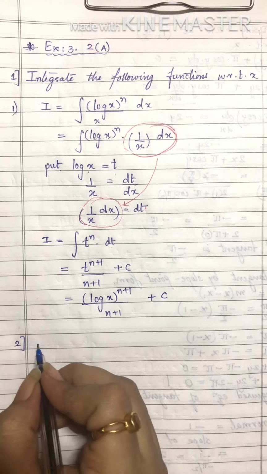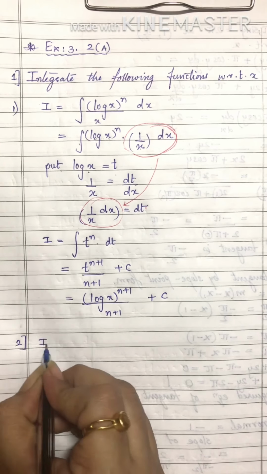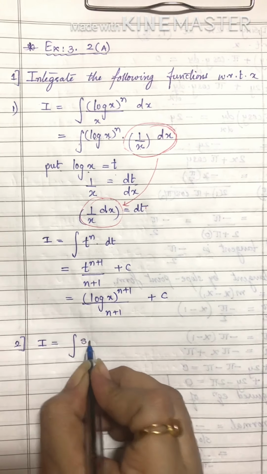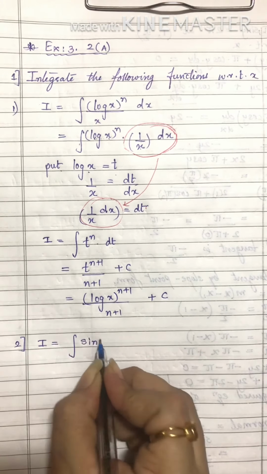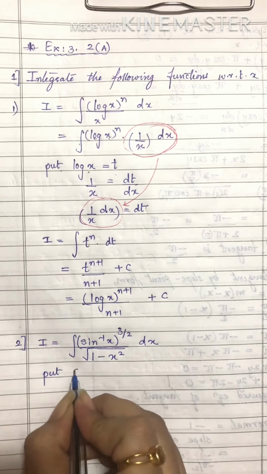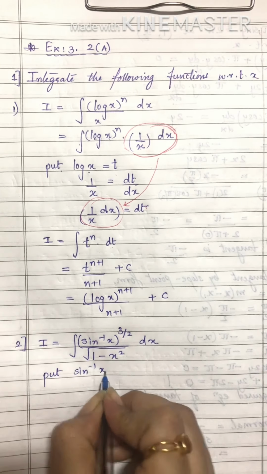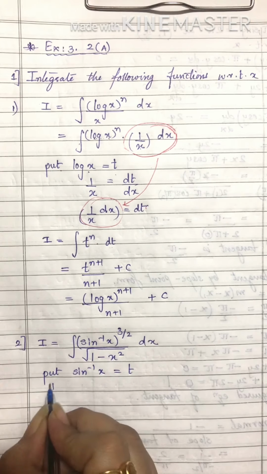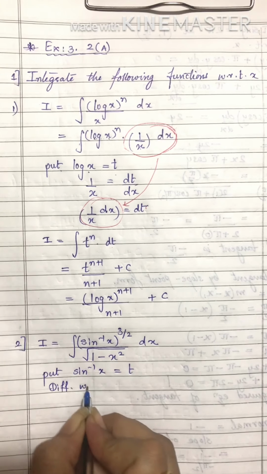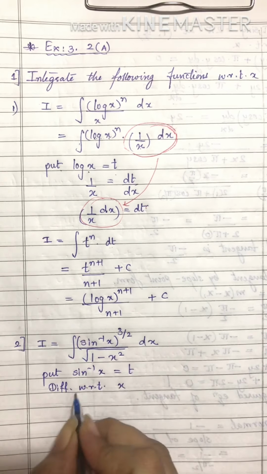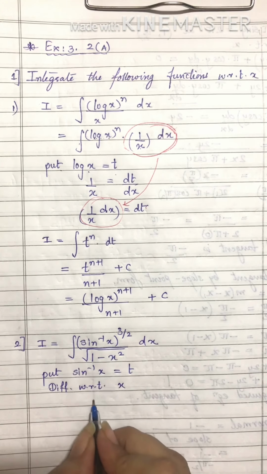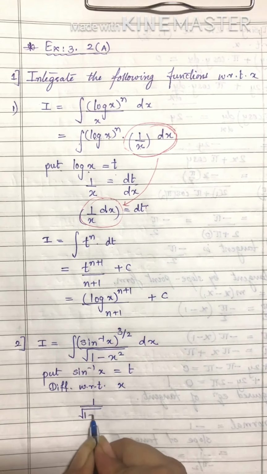Now, second question: I is equal to integration of sine inverse x whole raised to 3 upon 2 upon root 1 minus x square dx. So here we will put sine inverse x is equal to t. Now when you differentiate this with respect to x, d by dx of sine inverse x is 1 upon root 1 minus x square.